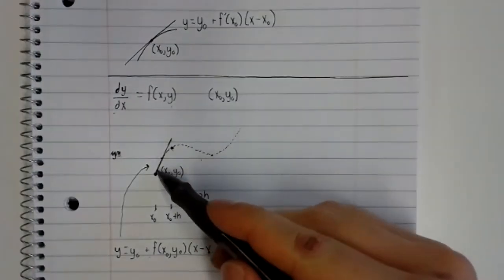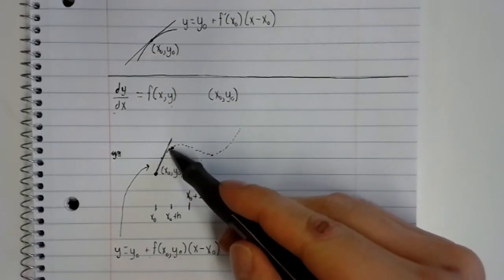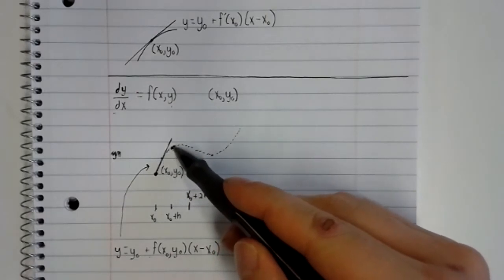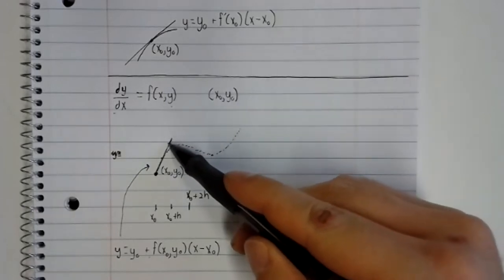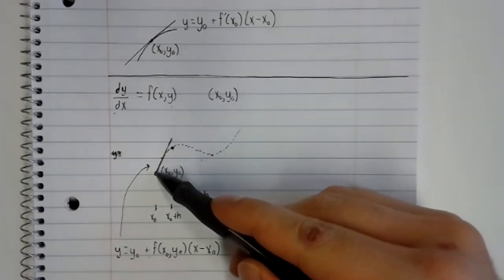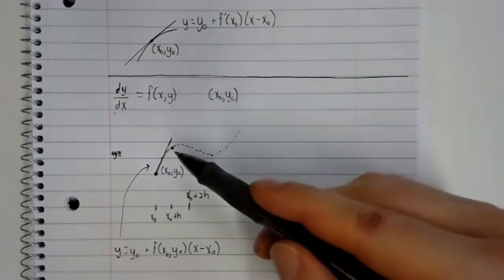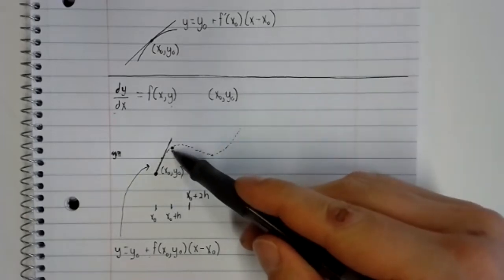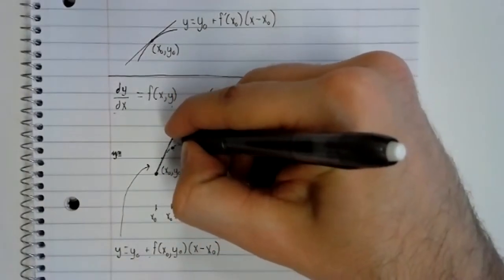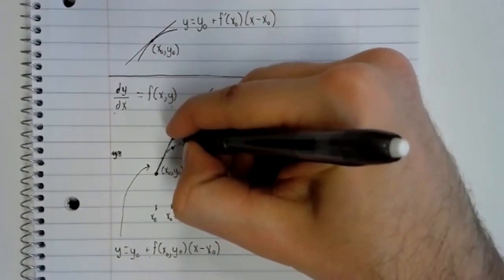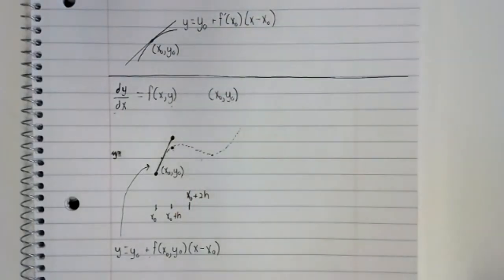However, we've approximated this entire curve on this interval with this tangent line. We can certainly approximate to this point like so.